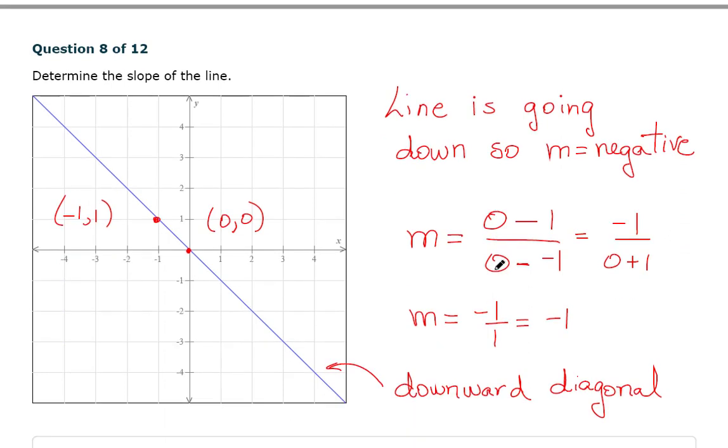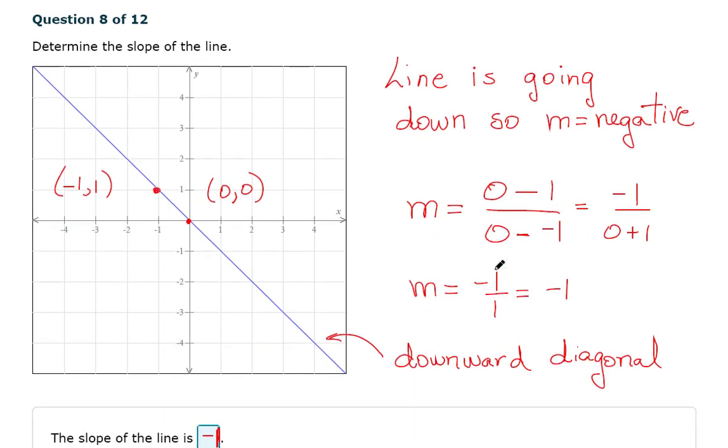All right, let's see. Question 8. Find the slope of this line. Well, it is going down, looking from left to right. It's coming through the origin. It's crossing all these grid points, so I should be able to pick something easy, and I'm going to pick -1, 1.